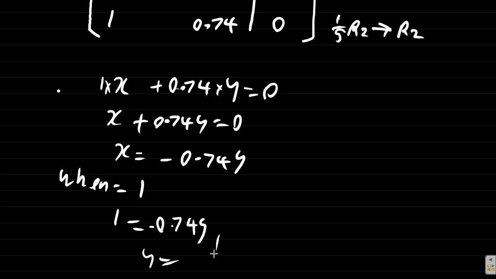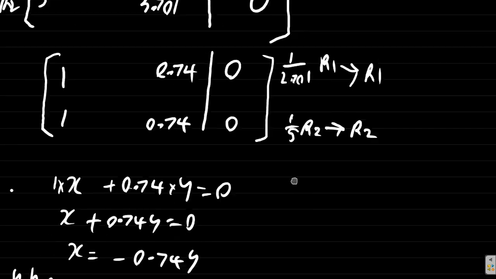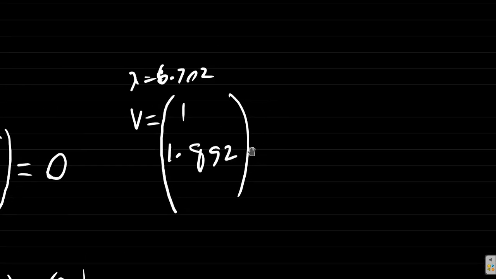So y equals 1 over negative 0.74. And then 1 over negative 0.74 is negative 1.35. So what we have is 1, negative 1.35.